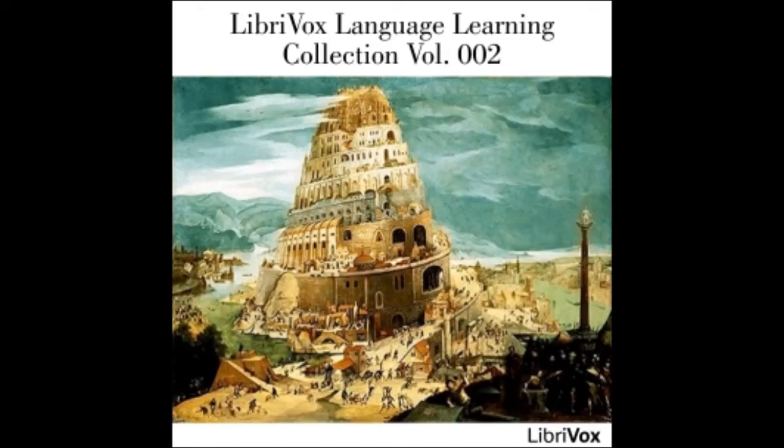The paper hat, nominative, pilius cartaceus; accusative, pilium cartaceum. The wooden table, nominative, mensa lignea; accusative, mensam ligneam. The linen stocking, nominative and accusative, tibiale linteum. The golden candlestick, nominative and accusative, candelabrum aureum, or candelabrum ex auro.